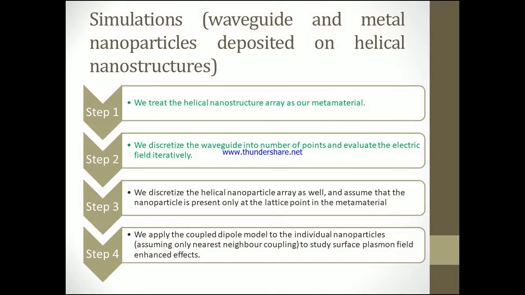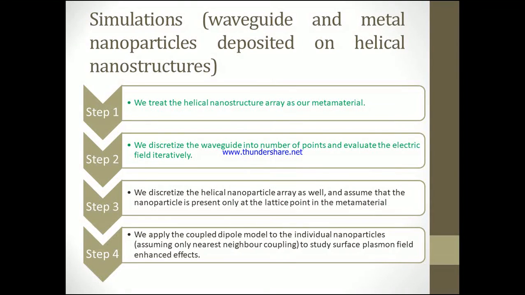And then we assume that the gold nanoparticles are present only at one lattice point, which is at the top of the helix, or in fact only one lattice point in the metamaterial. I hope I am making myself clear.